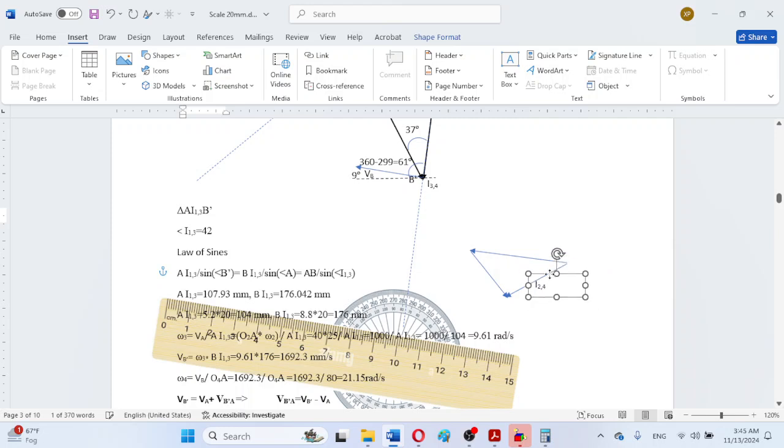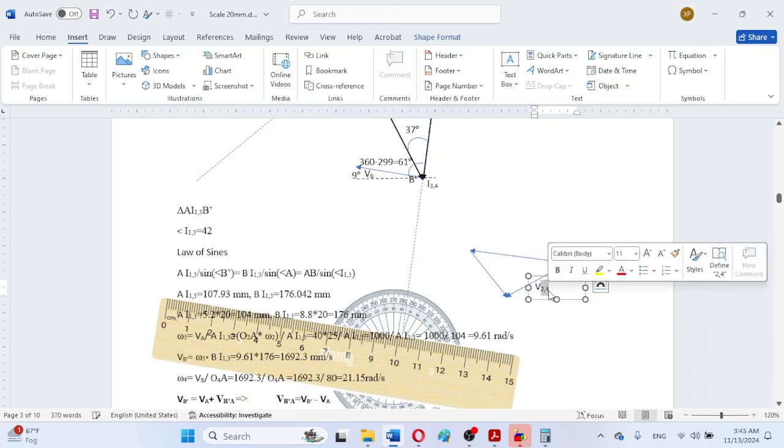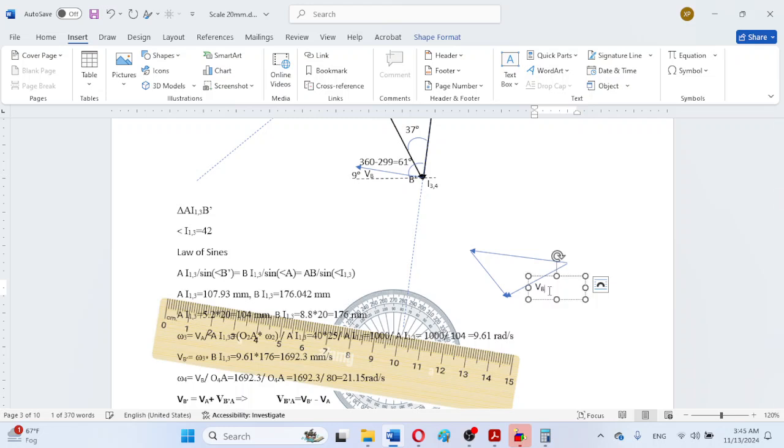So just change it, that this is velocity vb dash a.